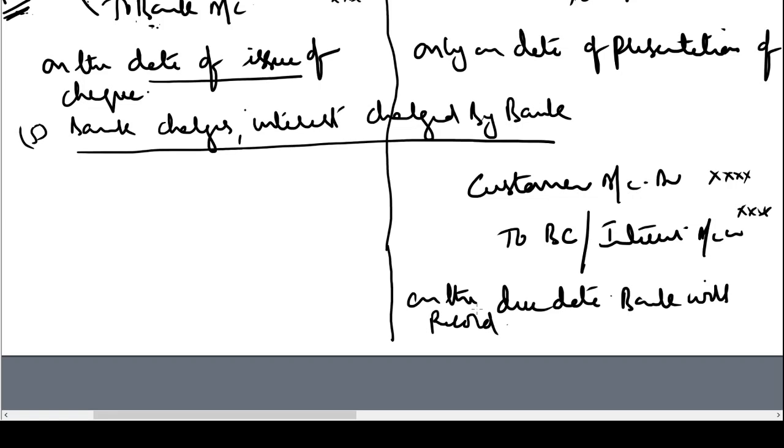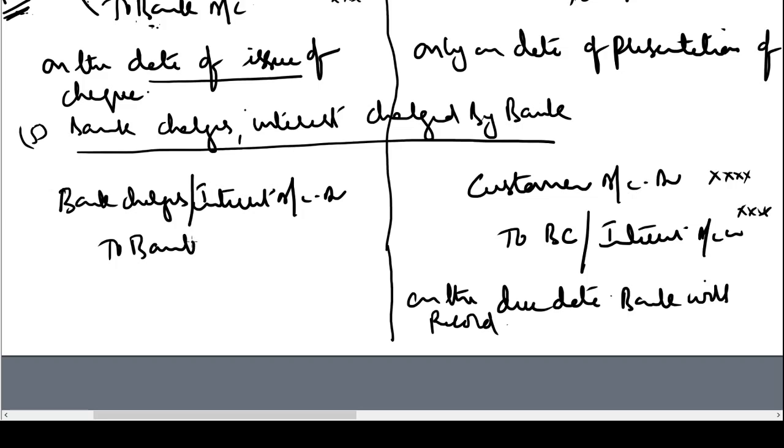Now, when will we record? The businessman records when he comes to know that the bank has charged some charges, when we have received an SMS or a statement or a message from the bank that some charges have been charged. Then we are going to record it in our books. So the bank charges or interest account will be debited because it is an expense for us. Because the money has been withdrawn, my bank account will be credited.